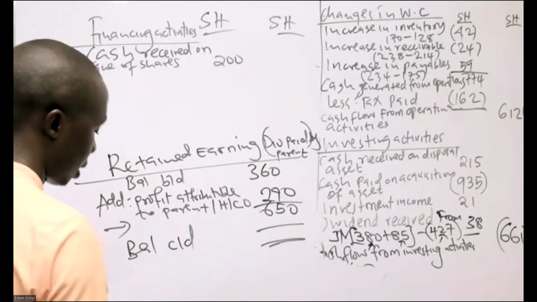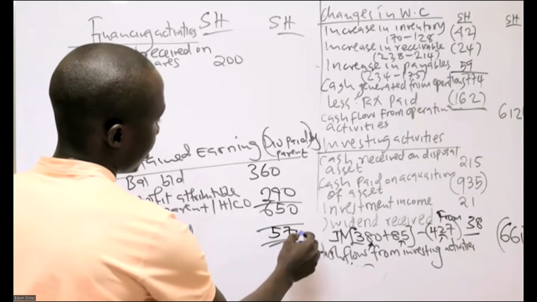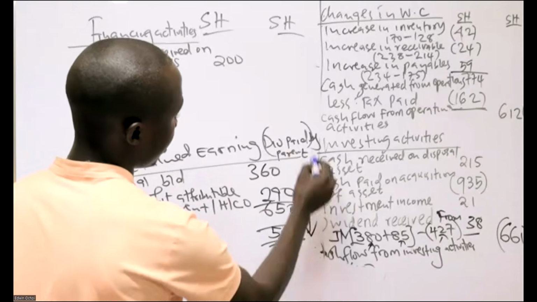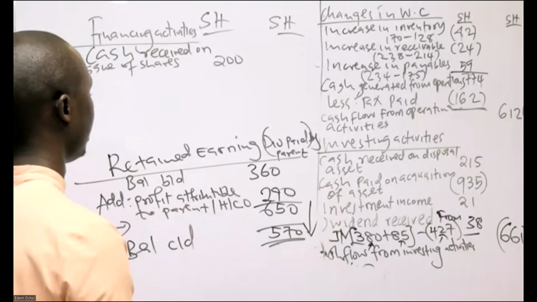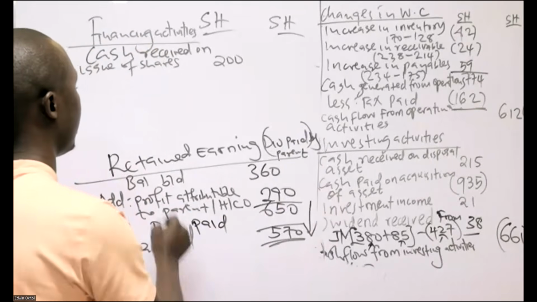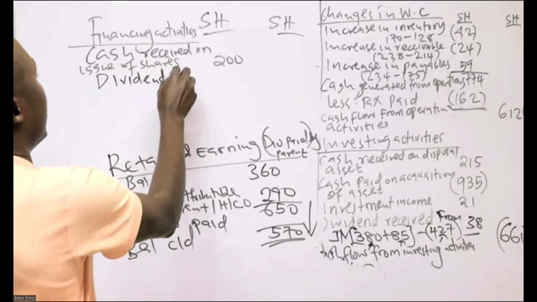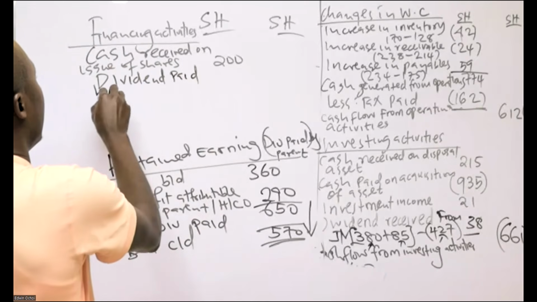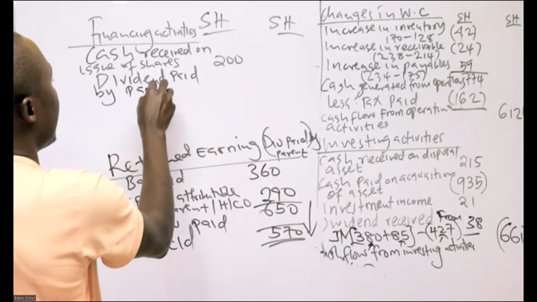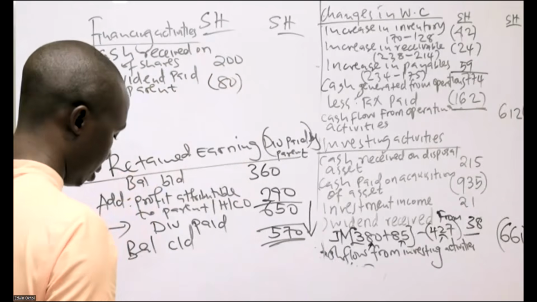The balance carried down, according to my question, is 570. Why did their retained earnings reduce from 650 to 570? It is due to the dividends they paid. So they paid a dividend of 80. So dividend paid by the parent is 80.